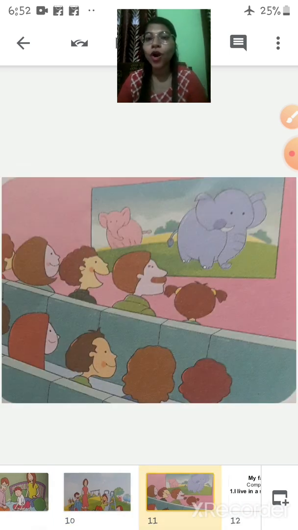You watch movies also with your parents. Your parents must be taking you to the cinema. In this picture also, the family is watching a movie. So you all do some activities or the other with your parents. So let's start with the composition.